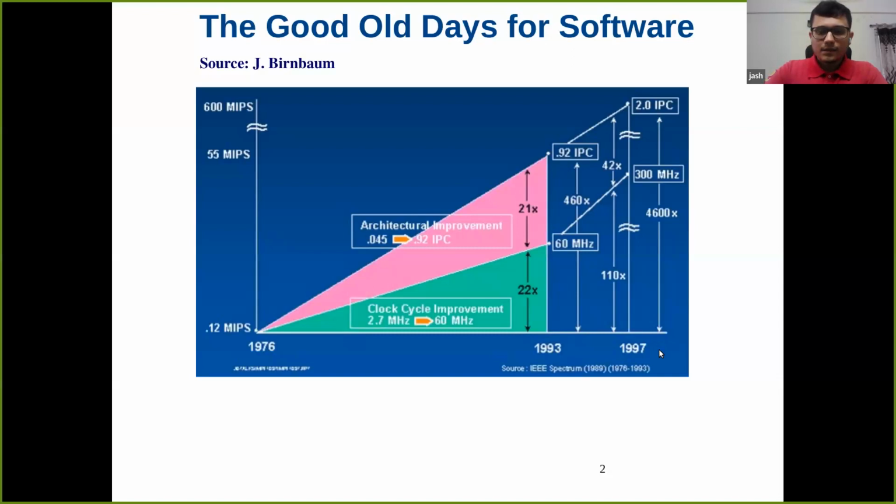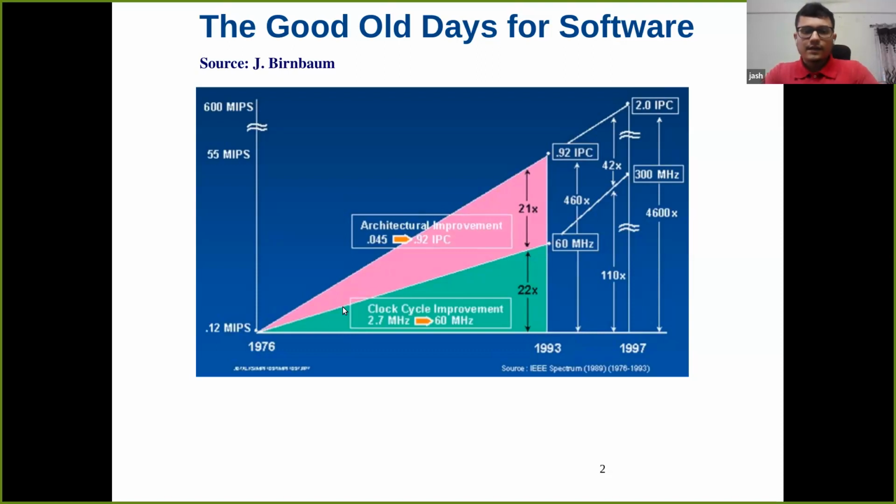This graph shows that from 1975 up to 2000, there is a significant improvement in the number of instructions executed per second by a particular core.